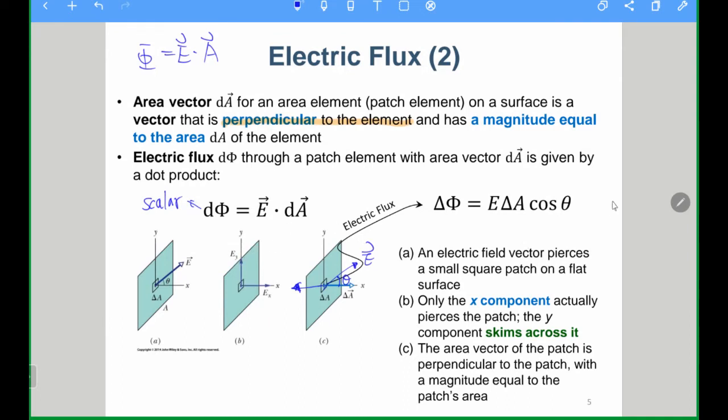Or maybe we can say if theta is 90 degrees, then cosine of theta will be 0. Then it implies that the delta phi or d phi will be 0. So if the E field only has the component parallel to the area, then the electric flux will be 0.